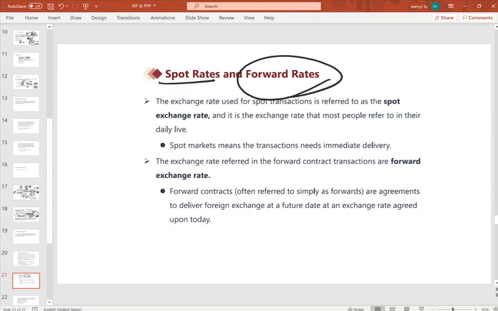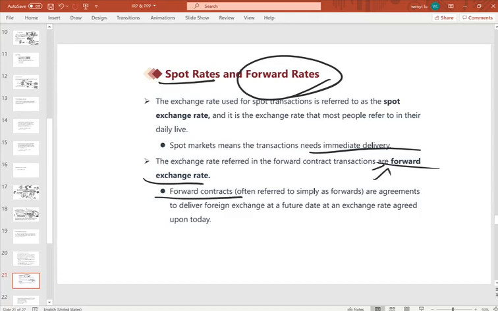So if you want to buy currency, that's how much you can get immediately, to be delivered. But what's the forward rate? Forward rate means the rate will not be for now, but something you signed and are expecting to receive in the future with the rate in the contract. So these are forward exchange rates.